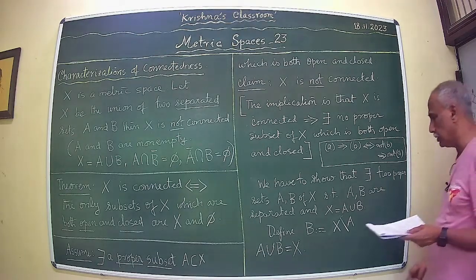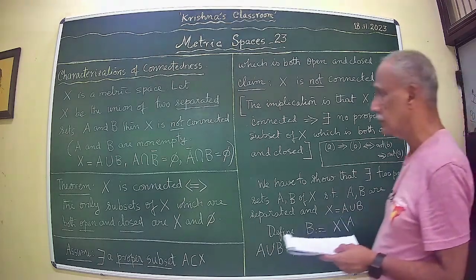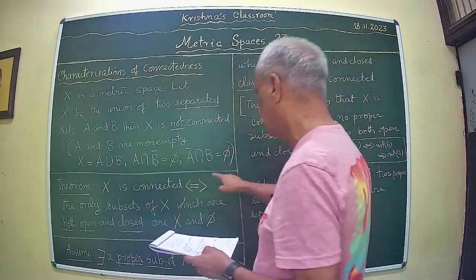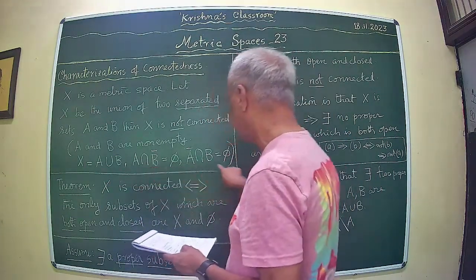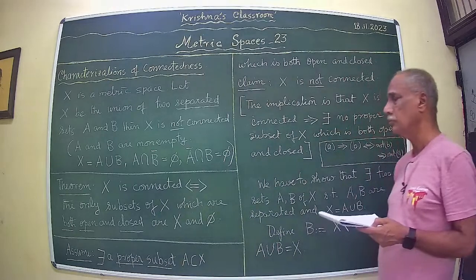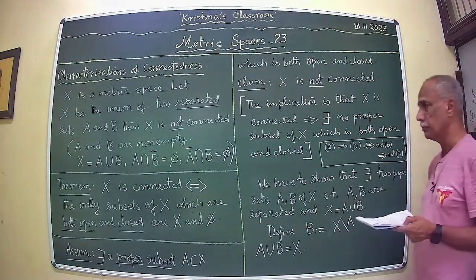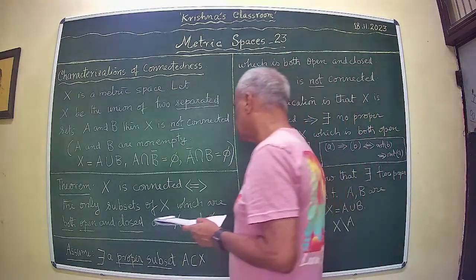That means we want to show that these conditions are satisfied. That is A intersection B closure is empty and A closure intersection B is empty.